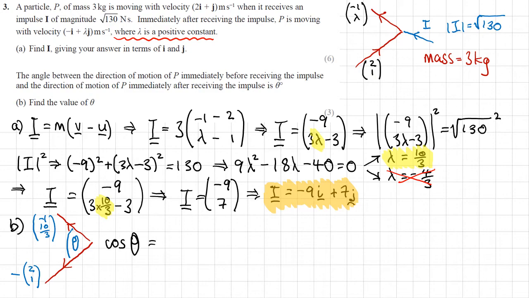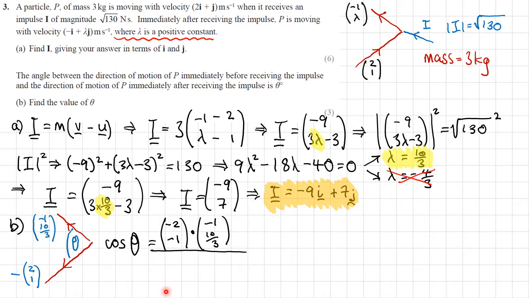So the cosine of the angle is going to be the dot product of those two vectors, (-2, -1) dot (-1, 10/3), then divided by the size of both of those vectors.